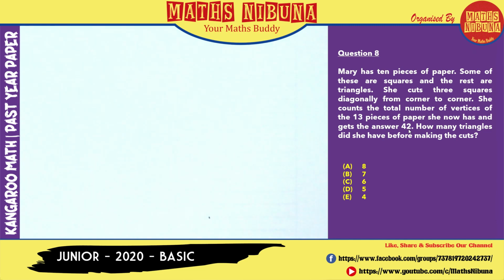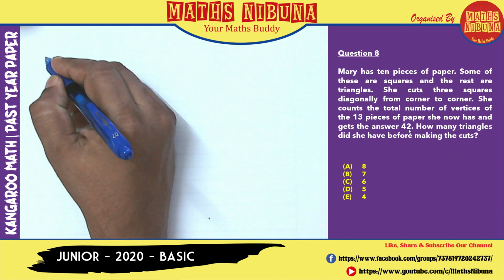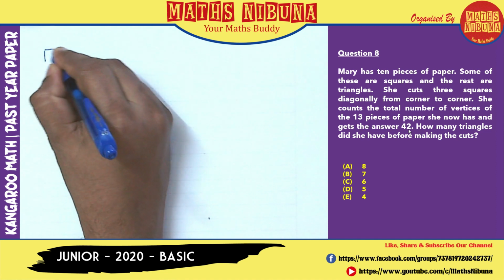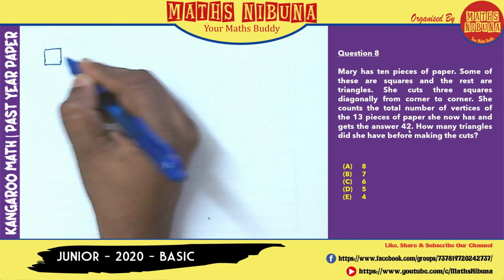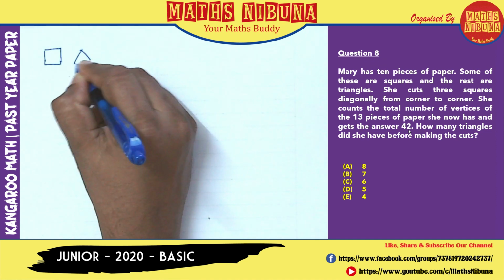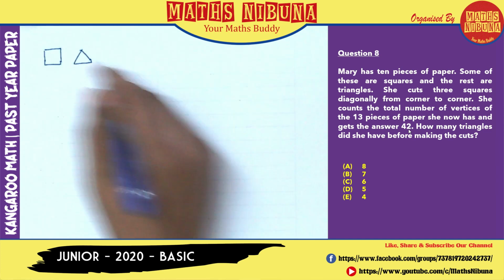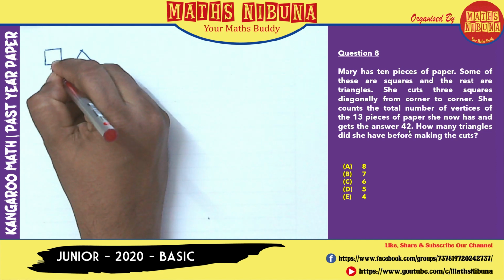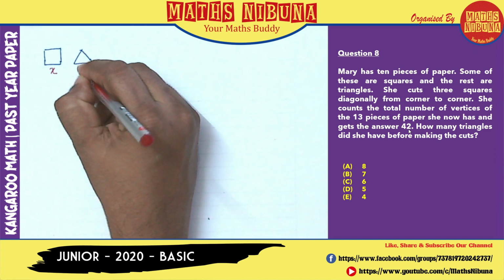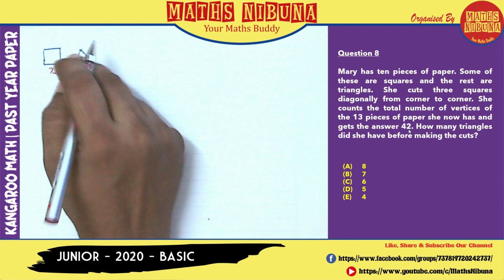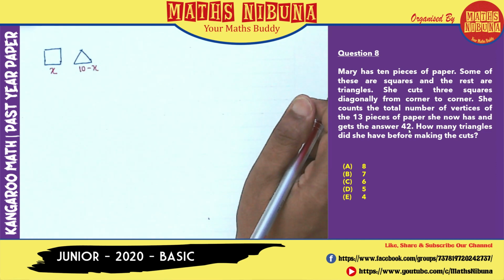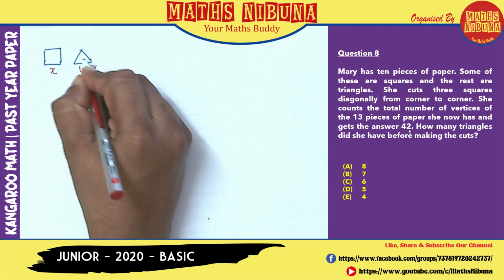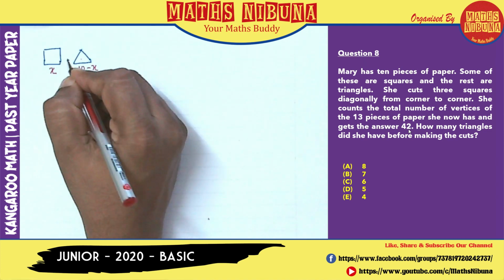Okay, first she has 10 shapes. She has squares and triangles, but we don't know how many of each. So let's say the number of squares is x, so the triangles should be 10 minus x, because the two must add up to 10. It doesn't matter which you take, it depends on you.